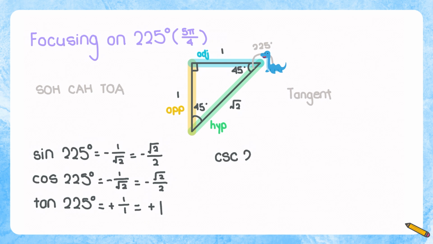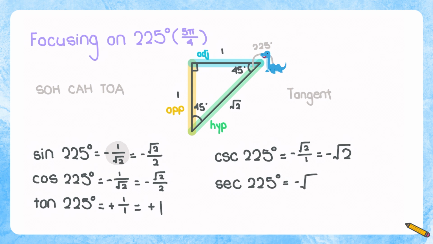So cosecant of 225 degrees is going to be negative. And so I'm taking the reciprocal of this. So I get negative radical 2 over 1, which is just negative radical 2. And the same thing for secant of 225 degrees. Same thing, negative radical 2.